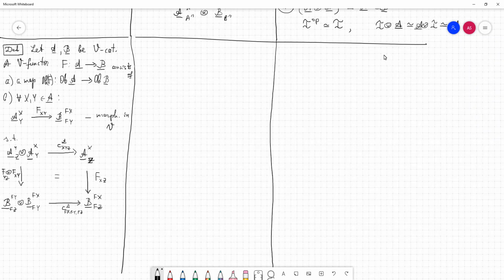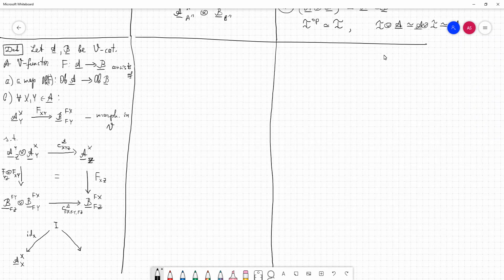Okay, and the last thing is preserving the identity. So identities we preserve using the identity morphisms. So the identity element of object X is an arrow from I to the object of morphisms from X to X, and the identity of object FX is an arrow from I to the object of morphisms from FX to FX.